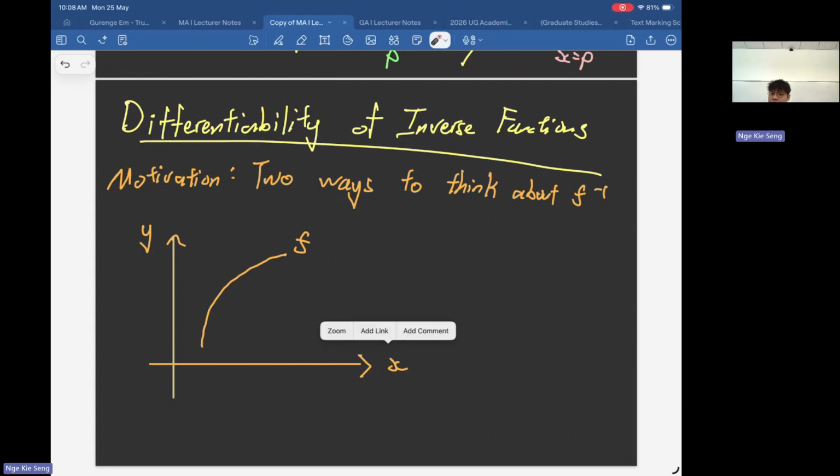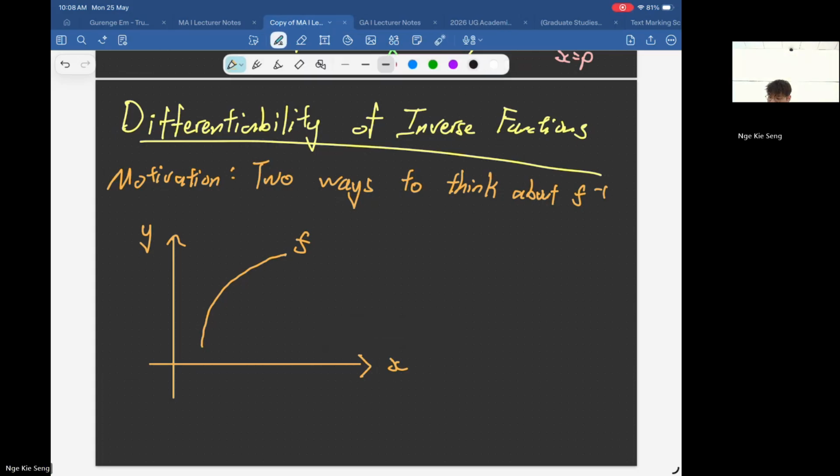So the result of swapping is just this. You get something like this. Let me try to do it for you. Let's say this is 2, and then this is 3. Then this 2 and 3 will swap.